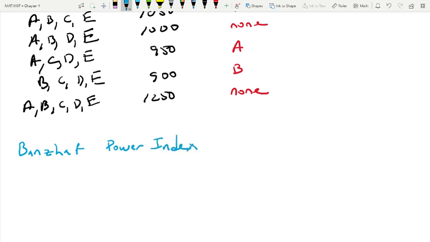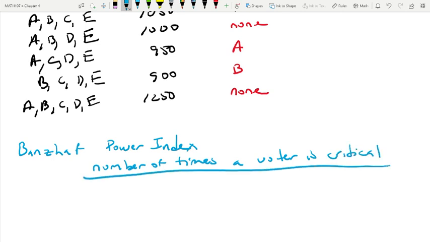And here it is given by the number of times a voter is critical, divided by the number of times any voter is critical.